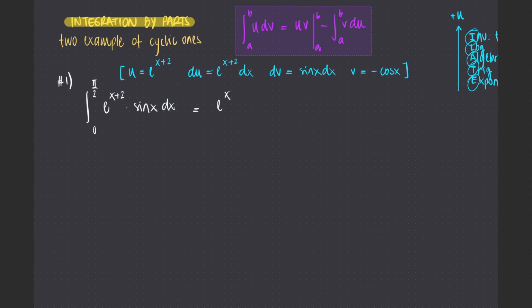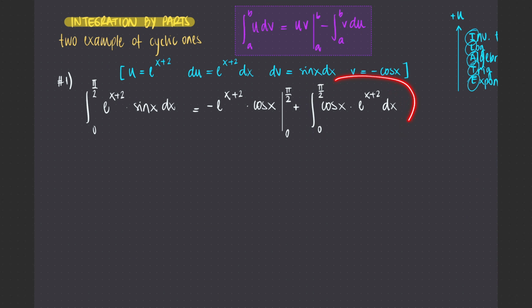So we have u, e to the x plus 2, times v, negative cosine of x, minus the integral of v, which is negative cosine of x. So I'm going to flip this sign right here, times du, which is e to the x plus 2 dx. All of this ranging from 0 to pi over 2.